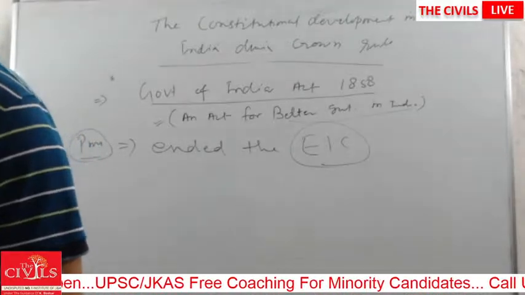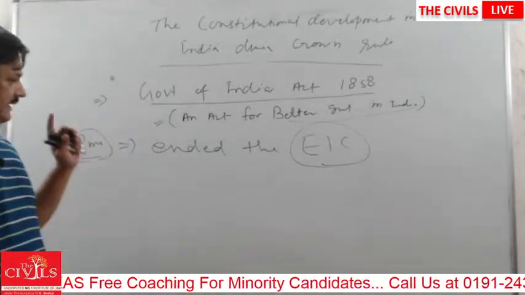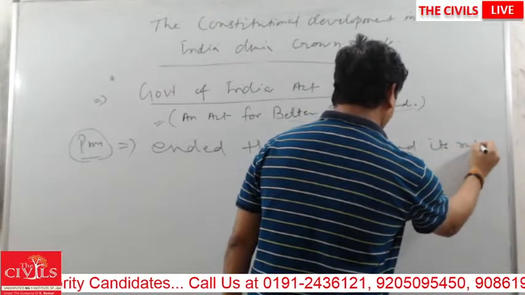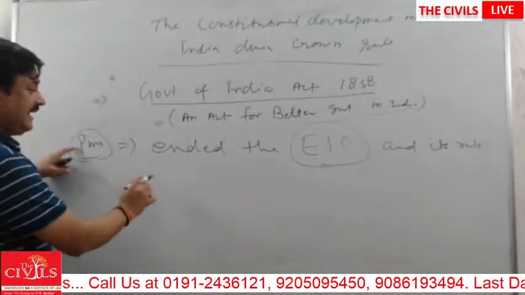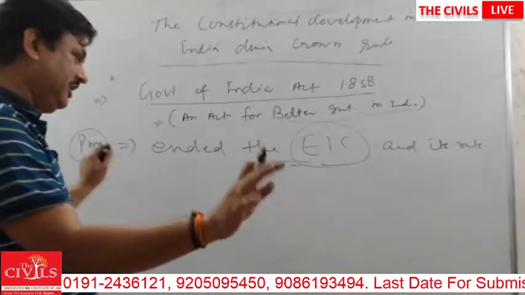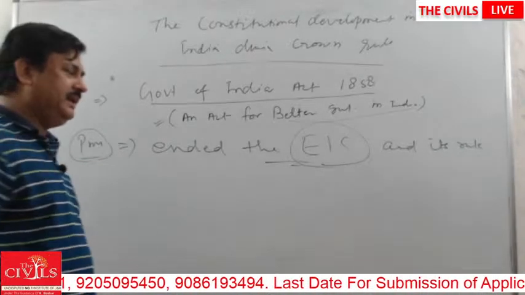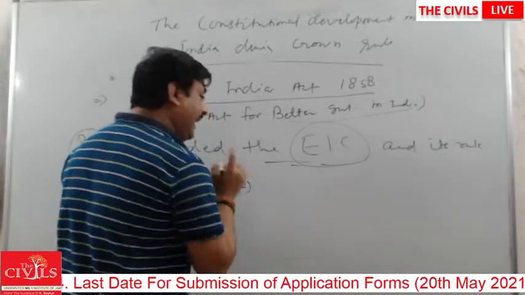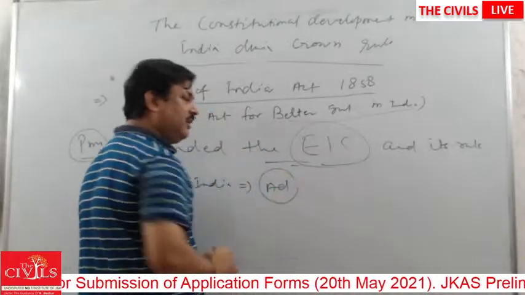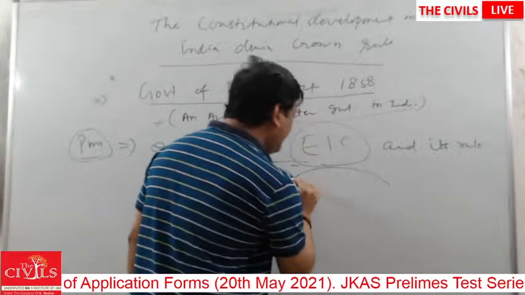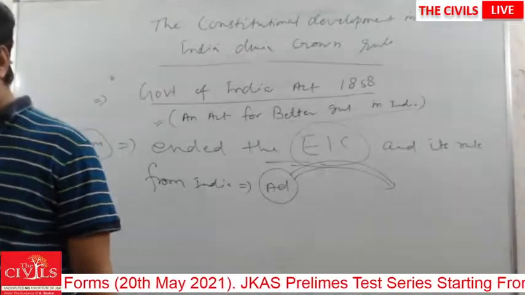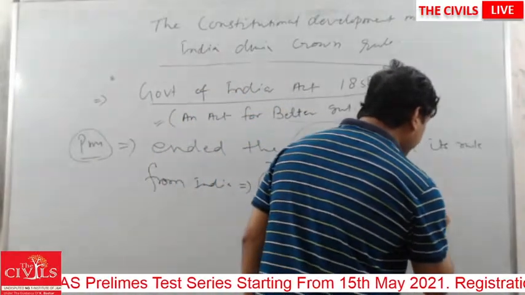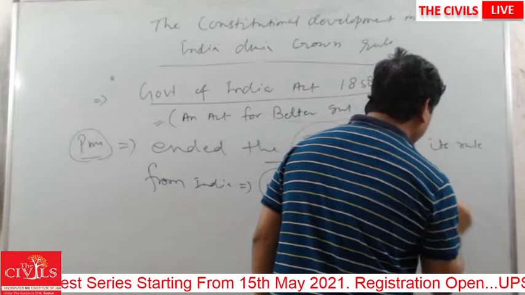It abolished the East India Company and ended its rule from India, and the entire administration of India was transferred to the British Crown.